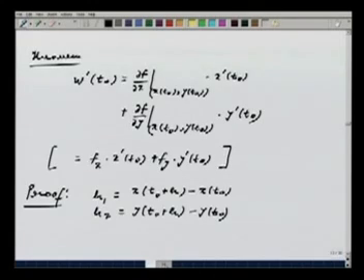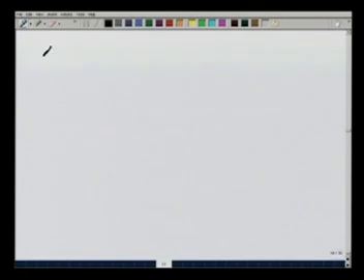Now I start with the usual definition of one variable derivative, that is limit h going to 0 of w(t naught plus h) minus w(t naught) divided by h.